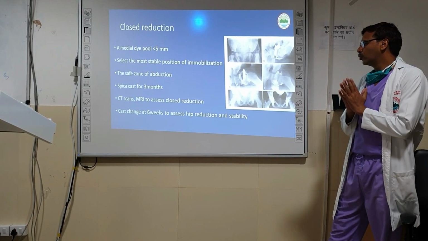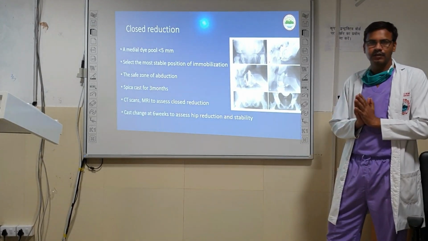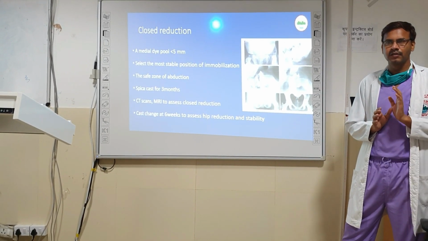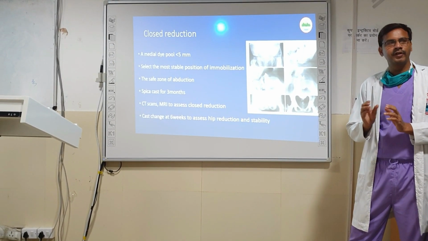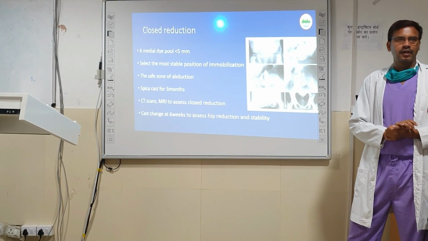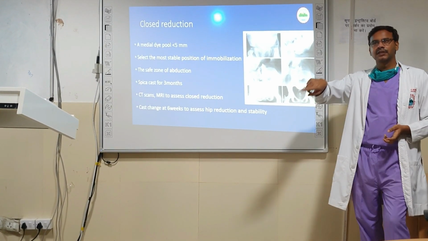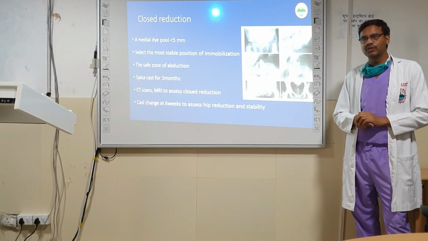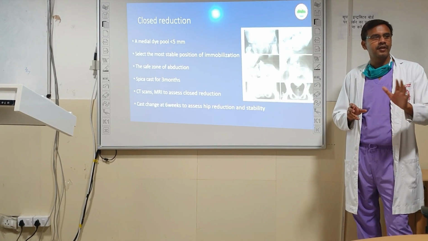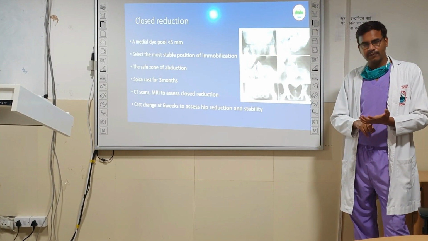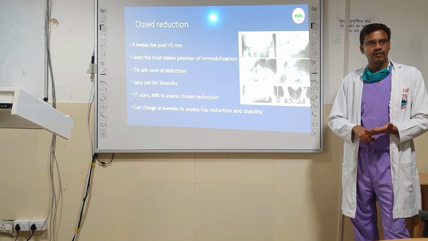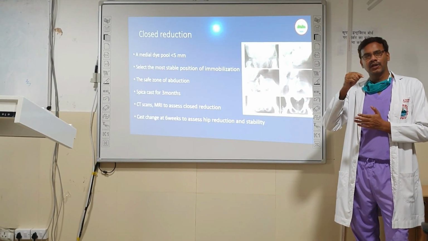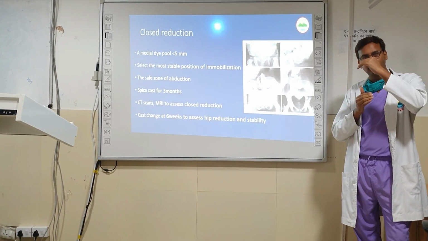Then you have to select the most stable position of immobilization, and usually the most stable position is about 90 to 95 degrees of flexion and about 40 to 50 degrees of abduction. If you need more abduction than this, beyond 45 to 50 degrees, you are risking AVN. The more the abduction, the more the chances of AVN, because when you are abducting, the vessel supplying the femoral head will be compressed at the lip of the acetabulum.